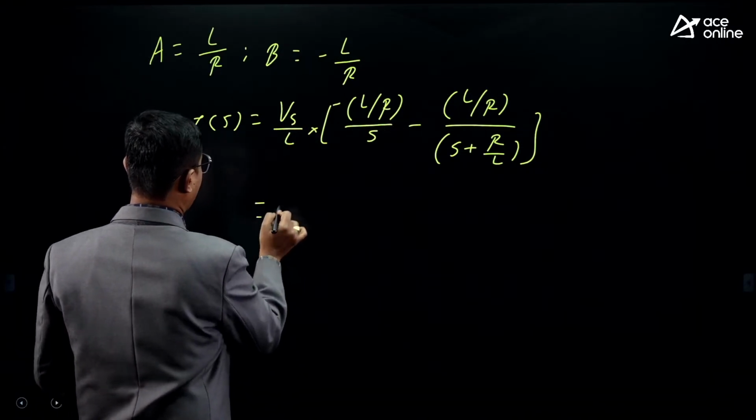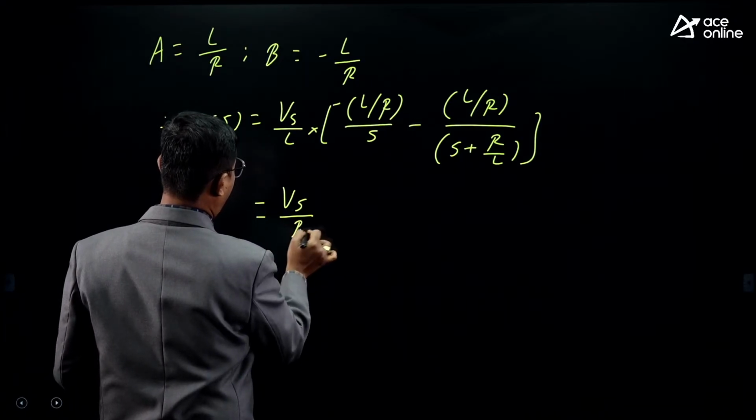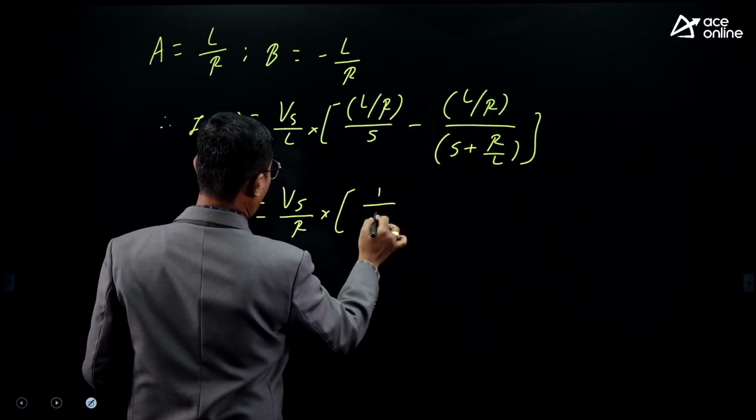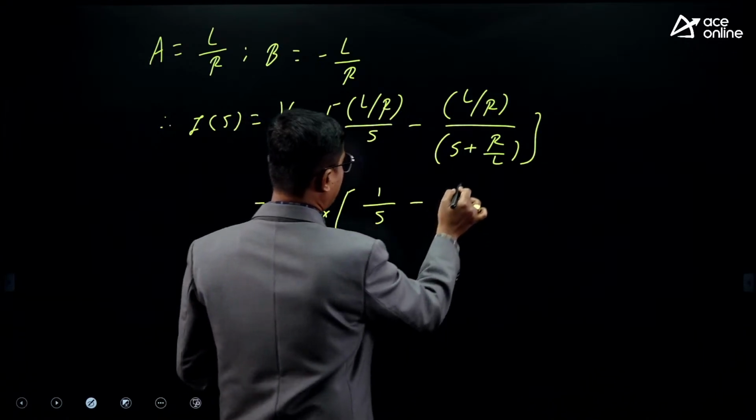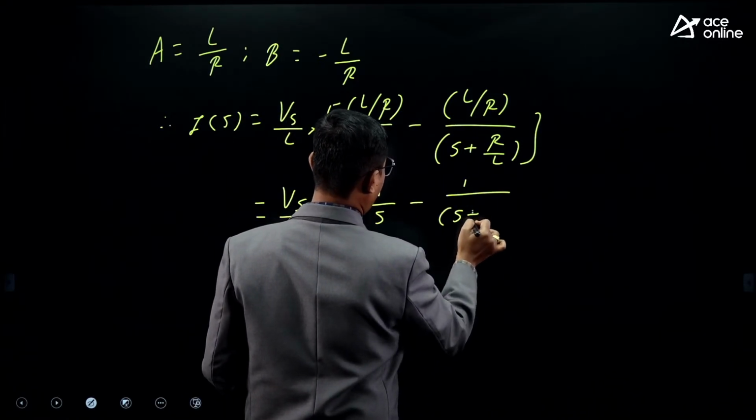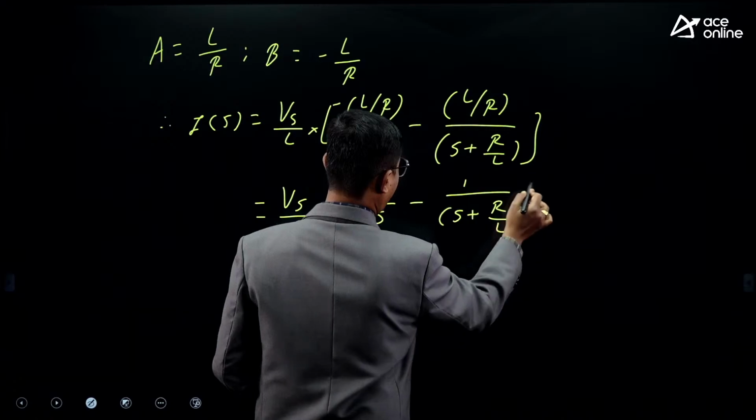So I can write it as Vs by R into 1 by S minus 1 upon S plus R by L.